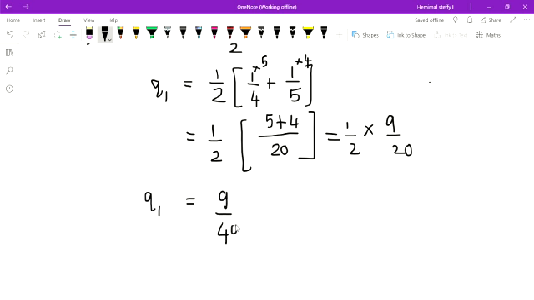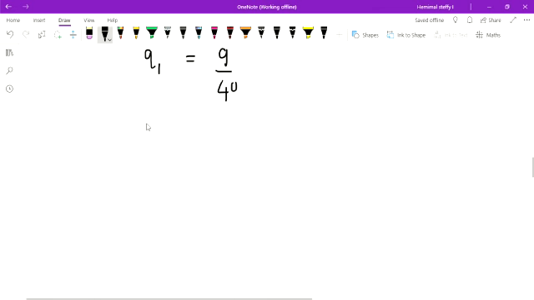Okay, then we go to the next step. I want to find q2. For q2, I am doing the same method, 1 by 2 of a plus b, taking 9 by 40 instead of b, that means q1.